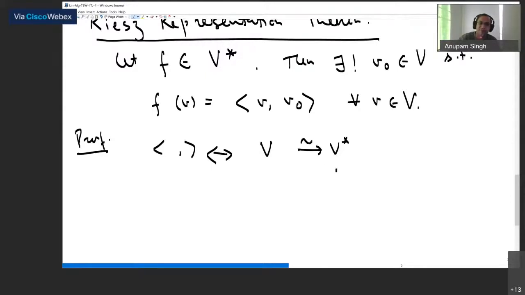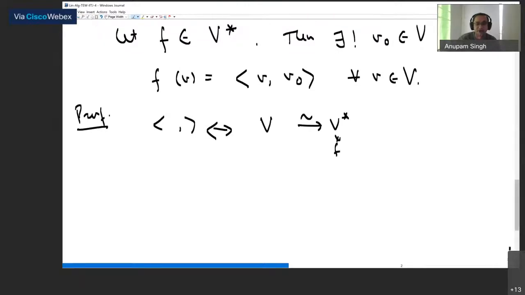So if I'm given f in V star and this is an isomorphism, then obviously it comes from some vector. It's as simple as that for the finite dimensional situation. But in infinite dimension, it is not as simple. Let's do the proof by computation. This actually is a proof of what I just said, but usually linear algebra books would give you a computational proof.